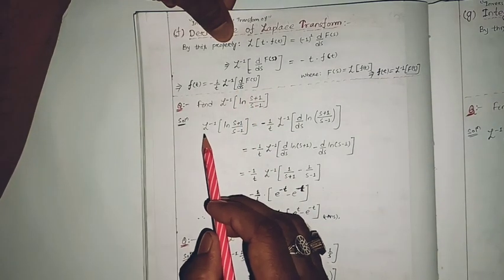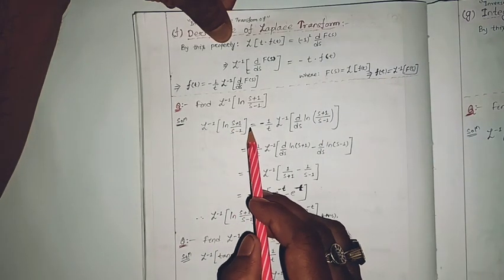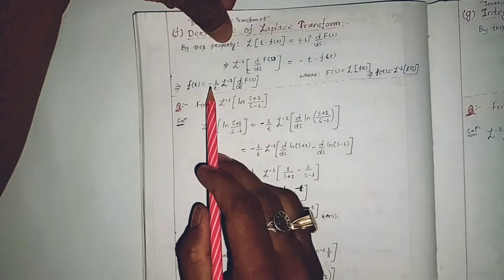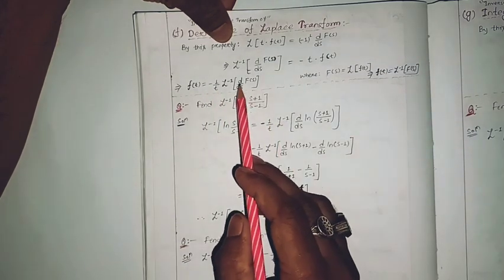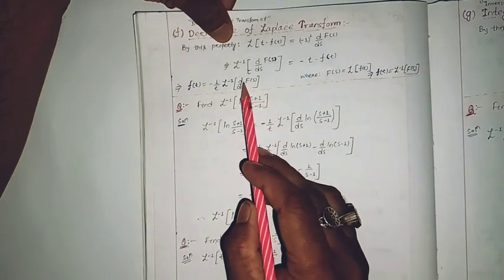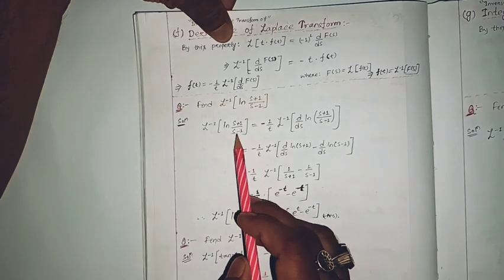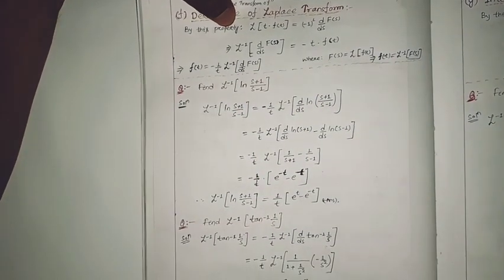Here we consider capital F of s to be ln of s plus 1 by s minus 1.